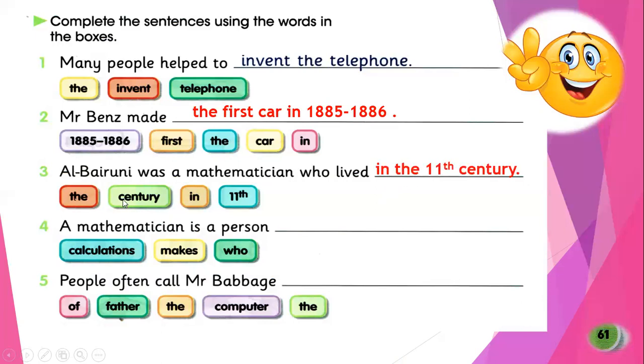Four, a mathematician is a person who makes calculations, meaning mathematical operations.